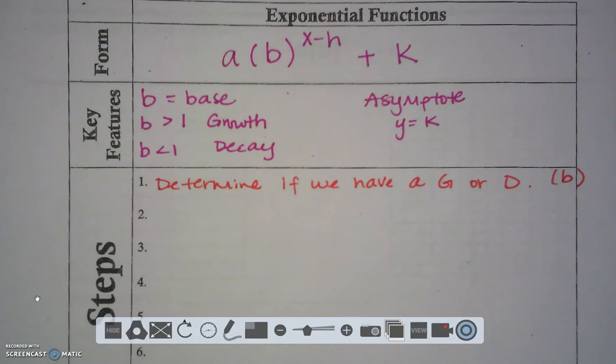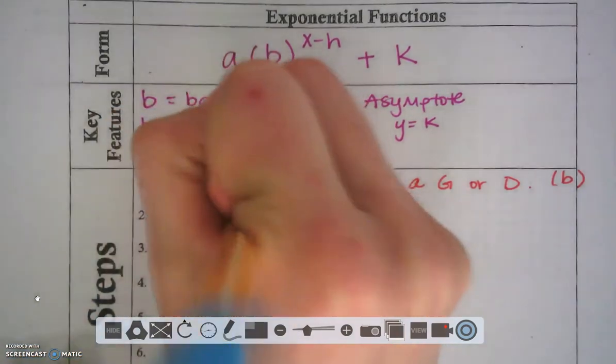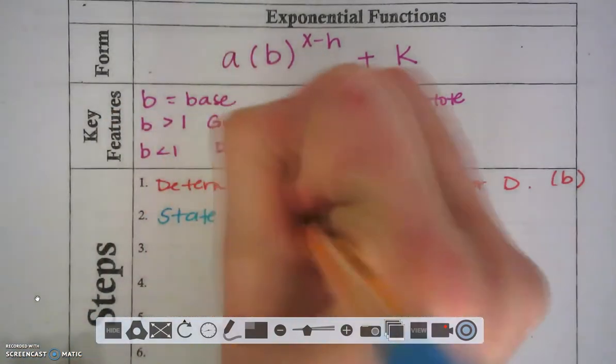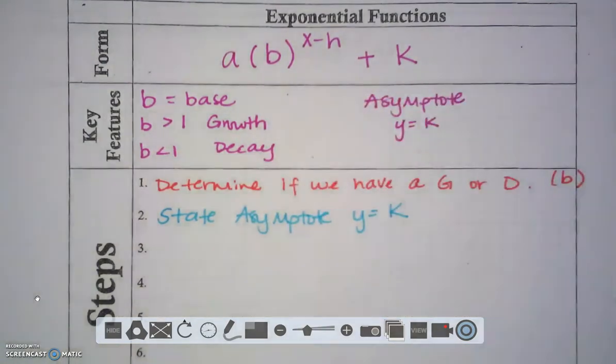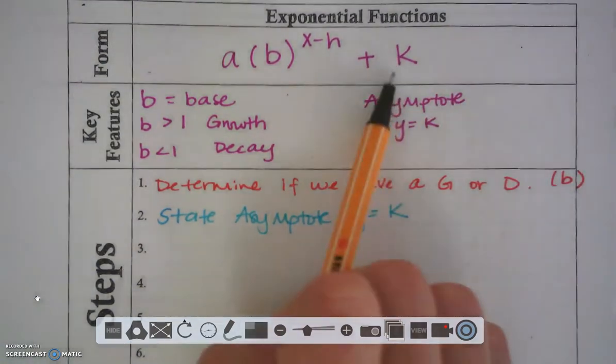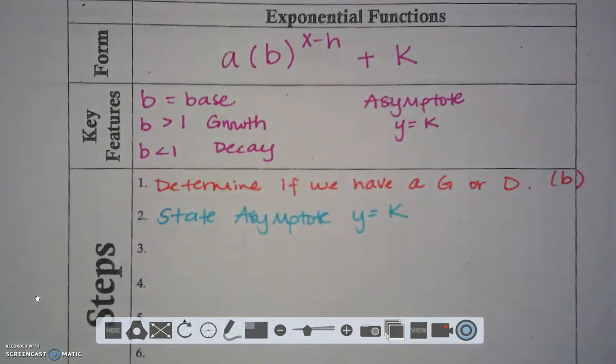Then we want to determine our asymptote. We're going to state the asymptote as y equals k. That should just be the k value that I see at the very end of my function.